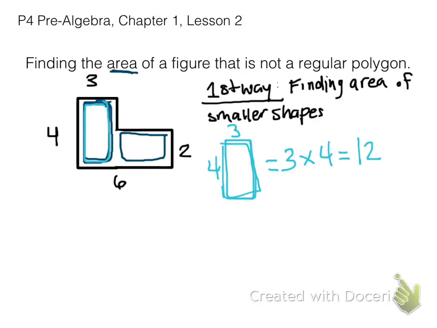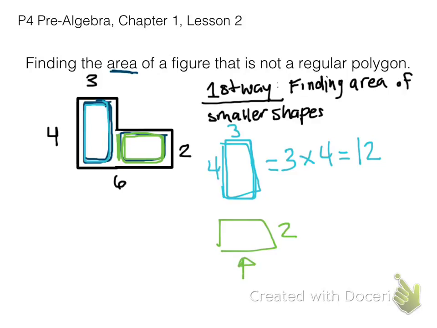Now this other figure, which I'll do in this green color, kind of looks like this, and it's got a 2 over here. The only thing is that it kind of stops right here, right? So it's not going all the way to 6. So this side is not 6.